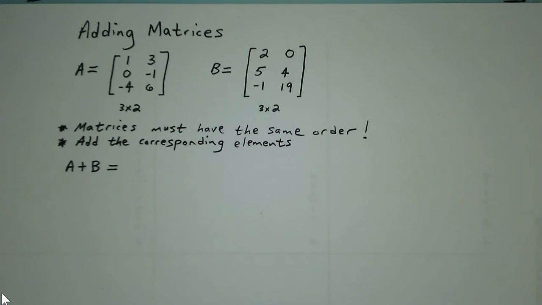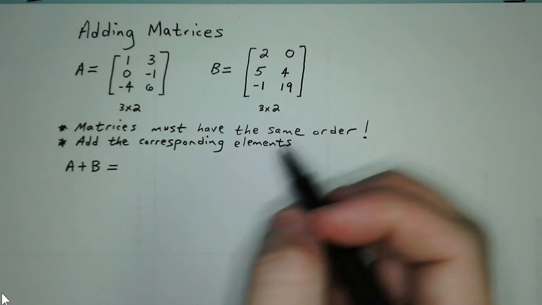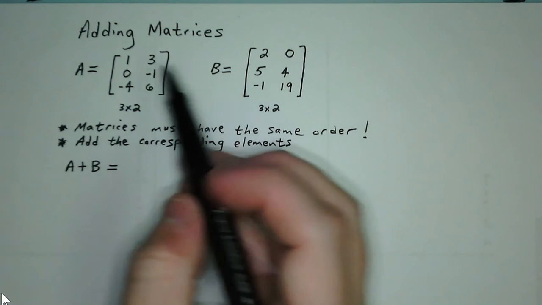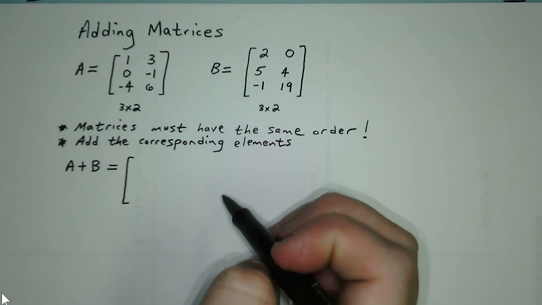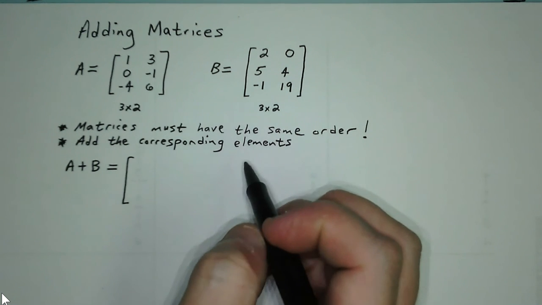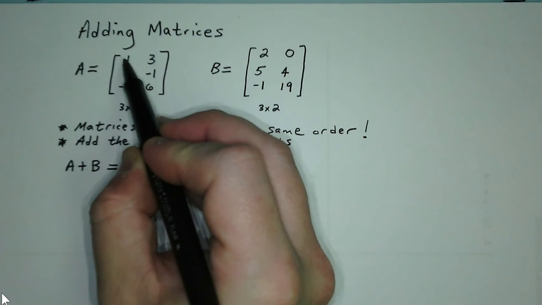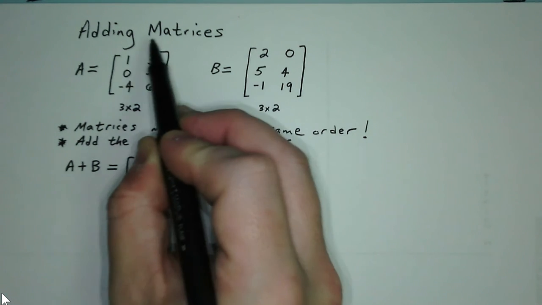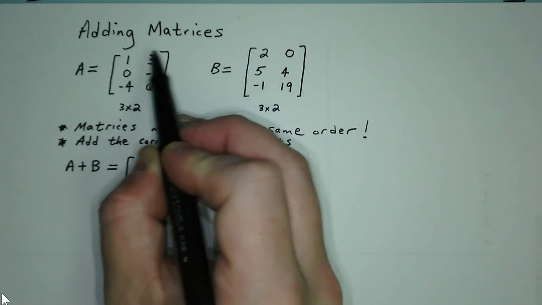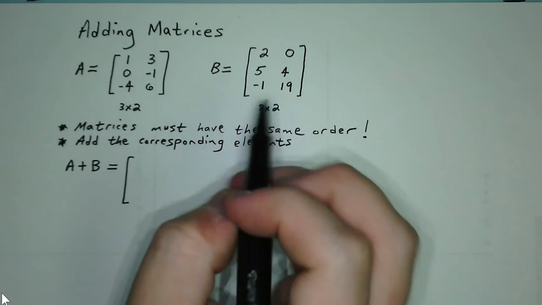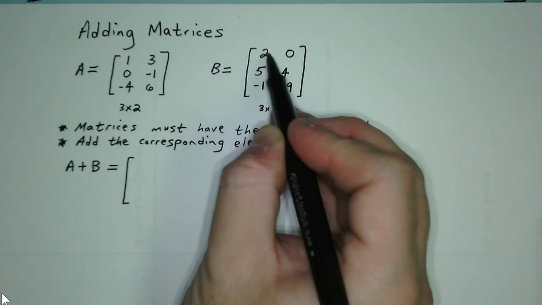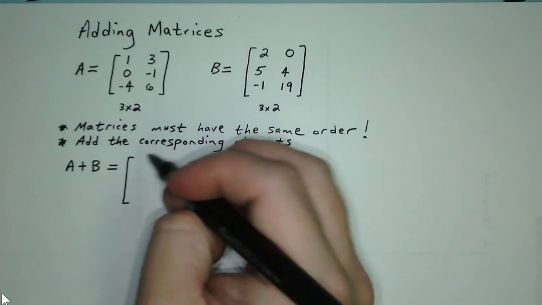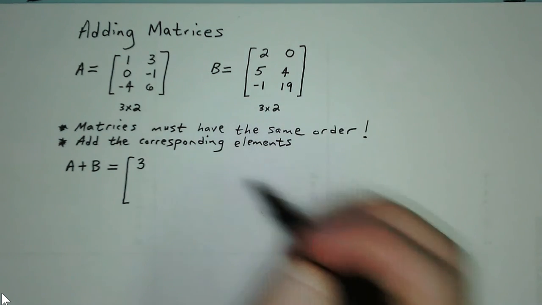But anyway, so we add the corresponding elements. So that would mean the answer matrix is just going to be also a 3 by 2. And we do 1 plus 2, the corresponding elements, like A sub 1,1 and B sub 1,1. Those get added together, and so there's a 3.